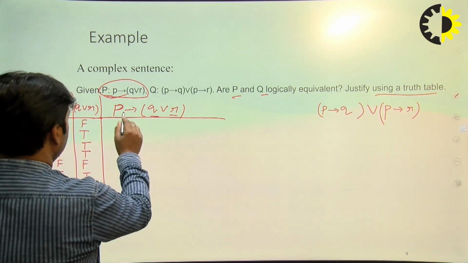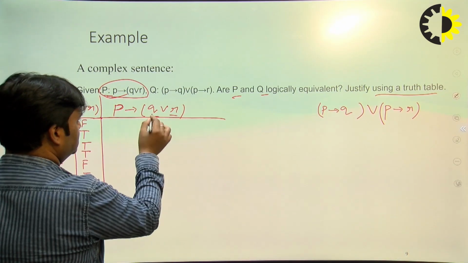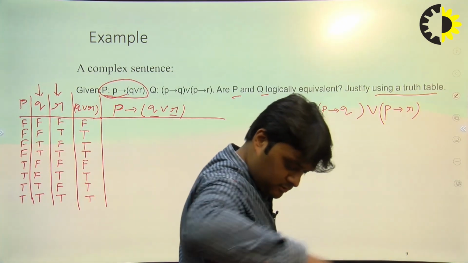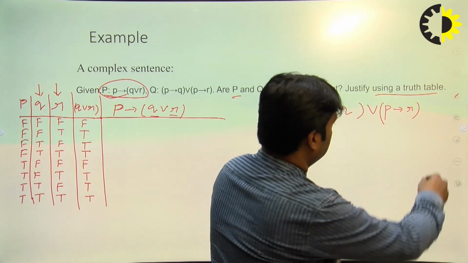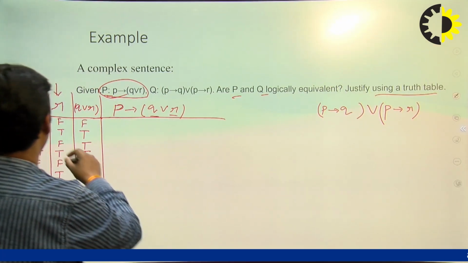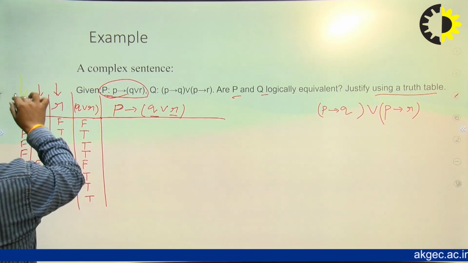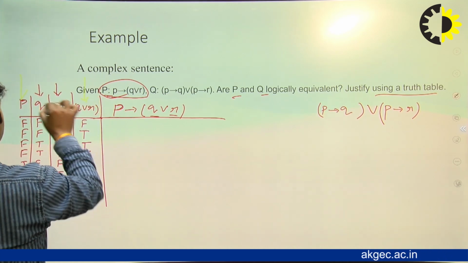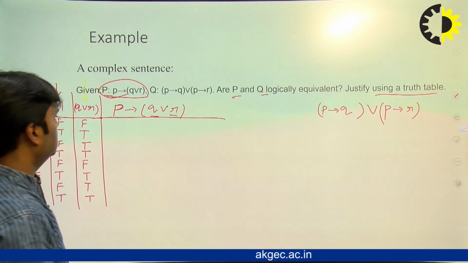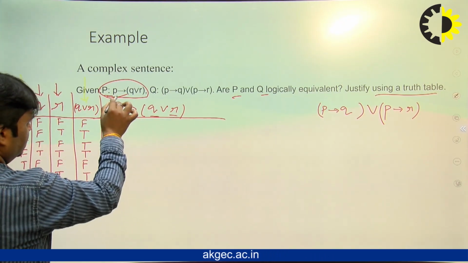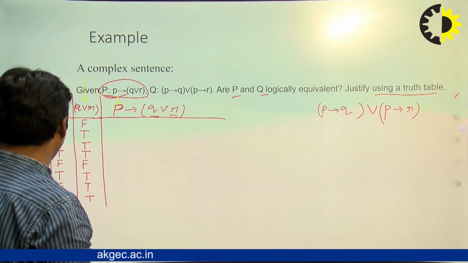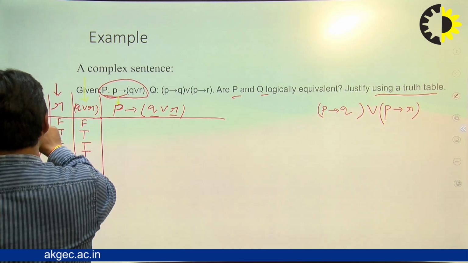And P implies Q or R. Then we check here. Now consider P and this one. If we check, this is the first element. The first is false. Where the first element is false, then the output will be true.